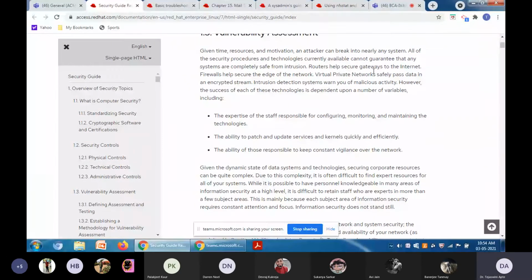Routers help secure the gateway to the internet. Firewalls help secure the edge of the network. Virtual private networks safely pass data in an encrypted stream.